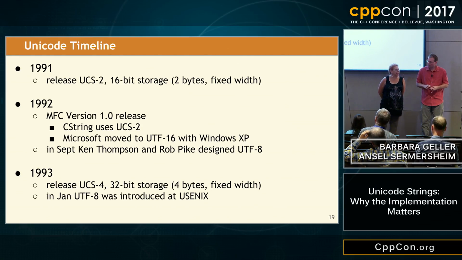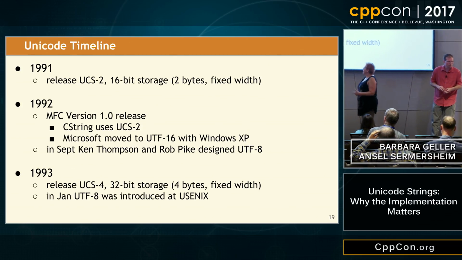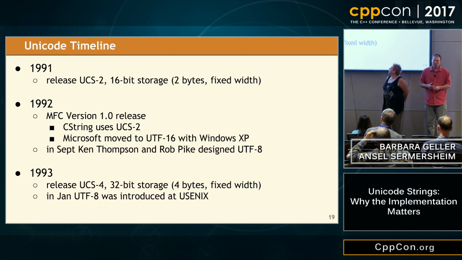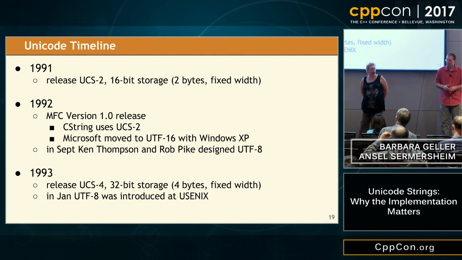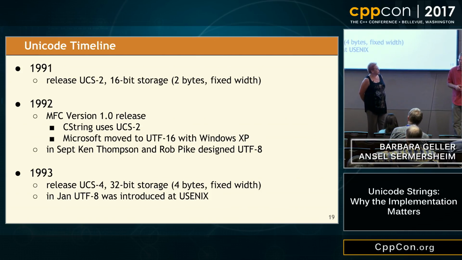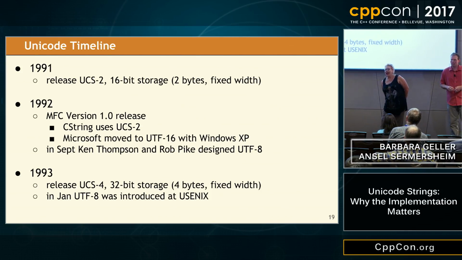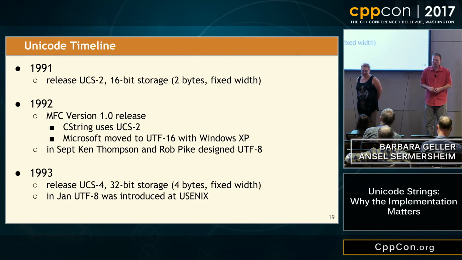Something happened in 1992, and actually reading the history of this is quite fascinating. Ken Thompson and Rob Pike designed UTF-8 on a napkin. They were contacted by a particular group, X/Open, who were asking for a better standard to encode characters.